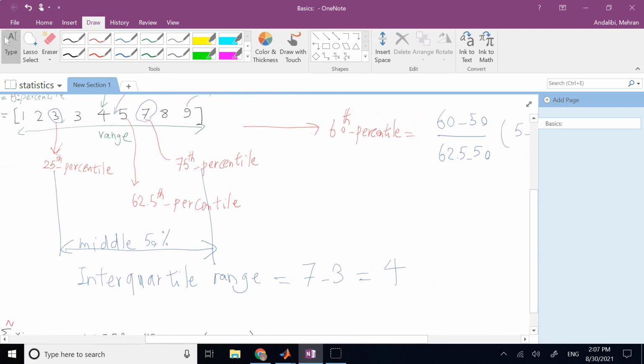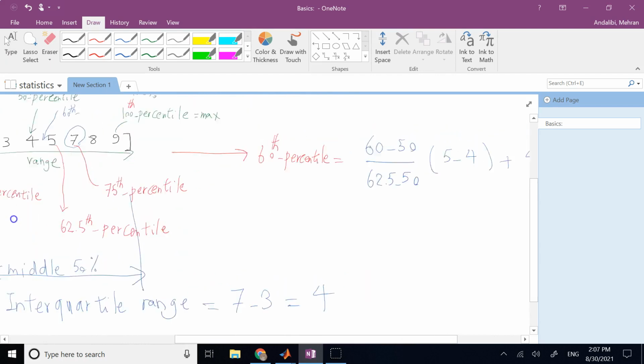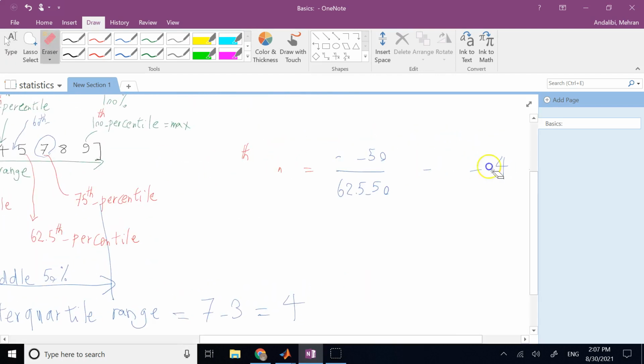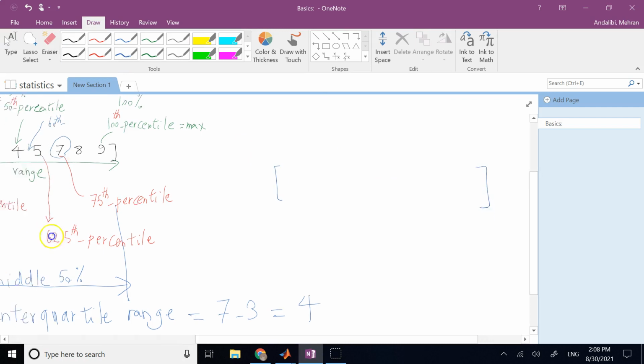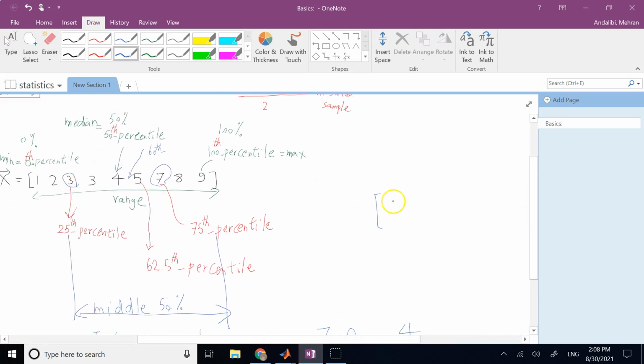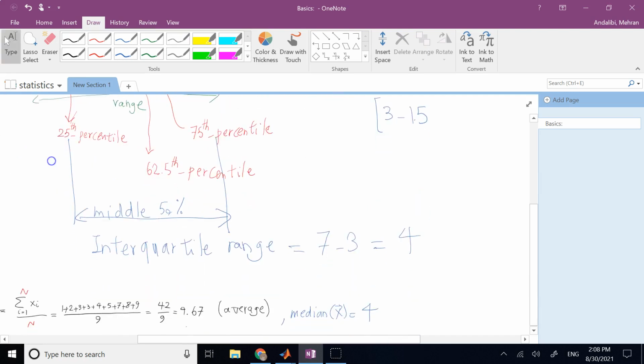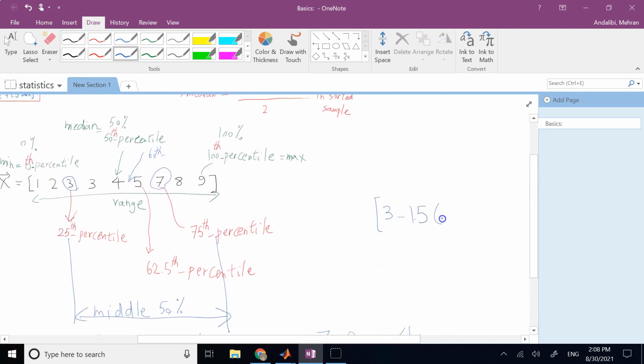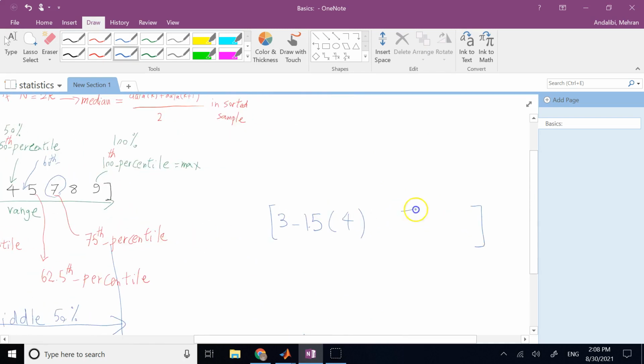So the range for me in this case is going to be what? The box that includes the inliers is going to be the 25th percentile, which is 3, minus 1.5 times the interquartile range of 4, to the 75th percentile, which is 7, plus 1.5 times the interquartile range.